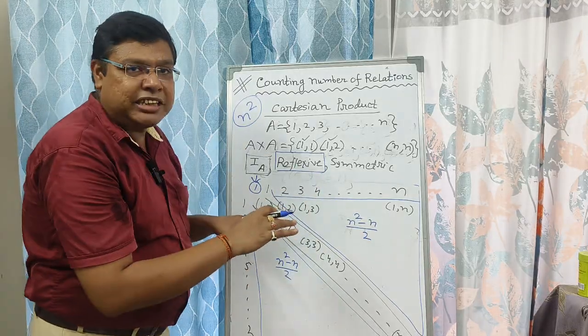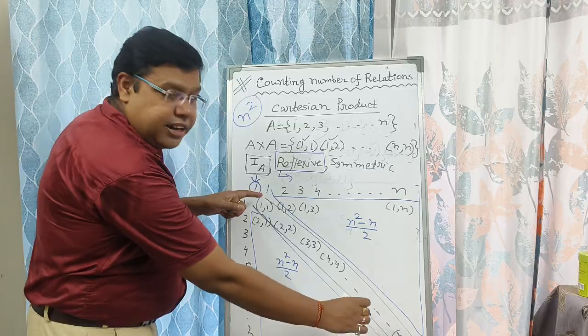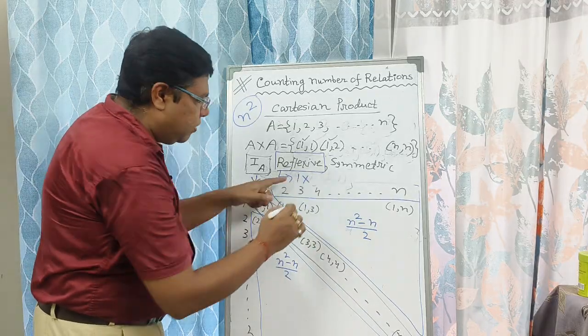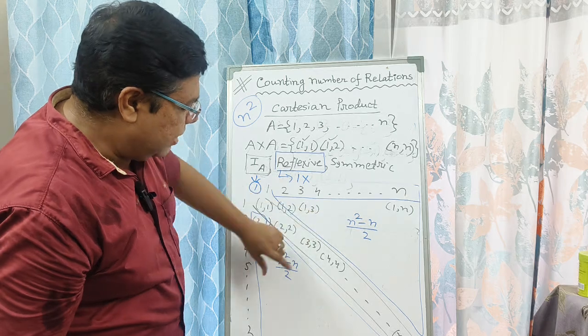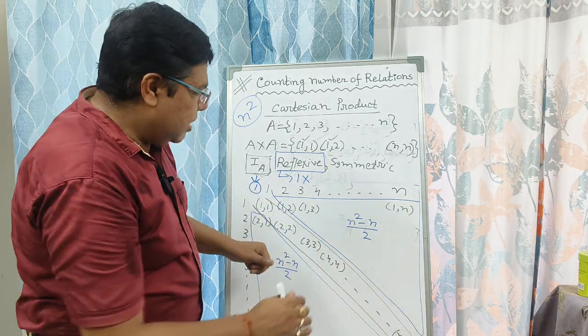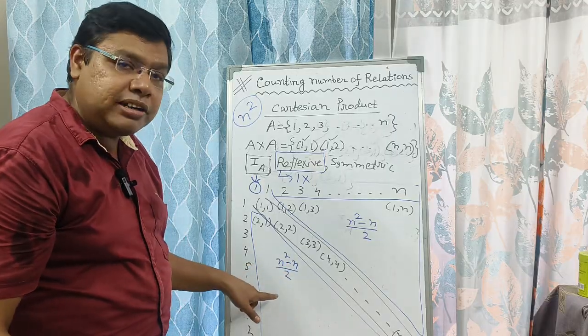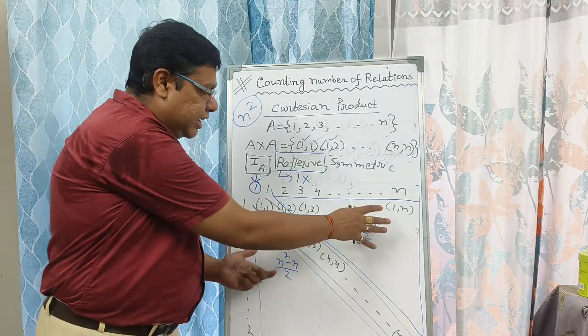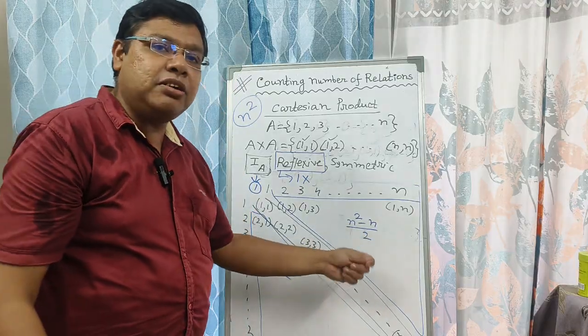All these identity elements can be selected one way. And here you see these elements, n square minus n by 2 here, n square minus n by 2 here. Each of these elements I may select or may not select.